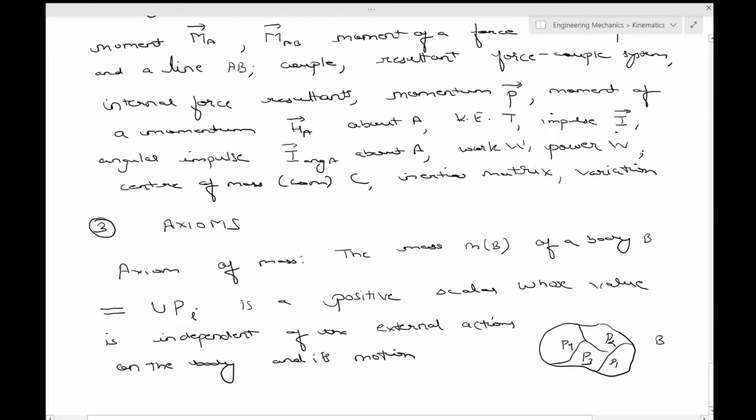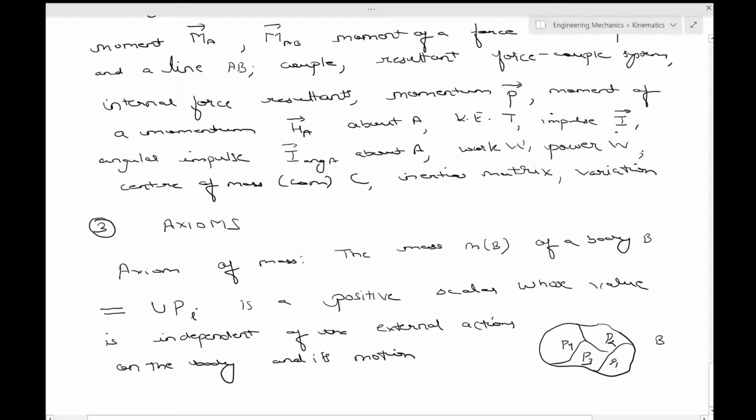See, you have a body B and now you subject it to forces from some directions, or you subject it to a higher temperature. Okay, the mass of this body will not change. That's why it is said that it is independent of the external actions on the body and its motion.